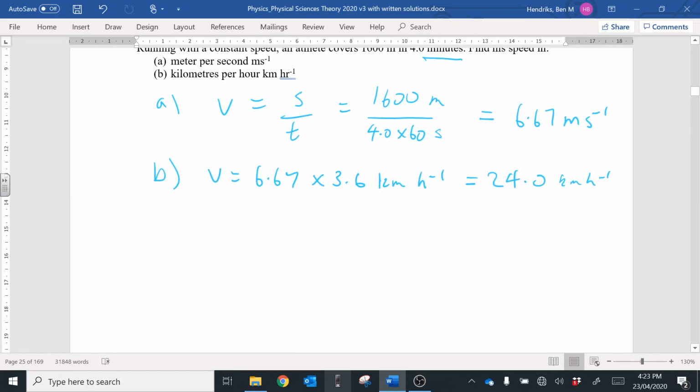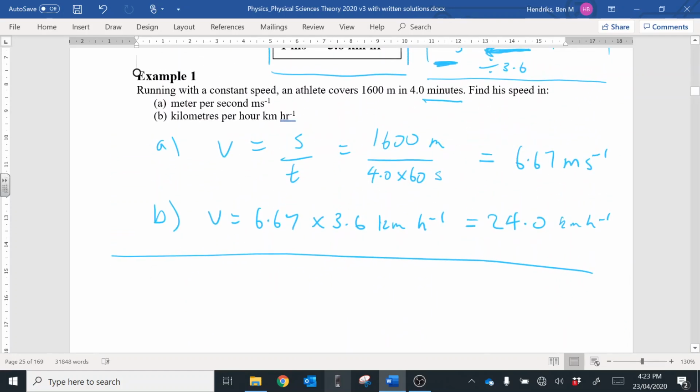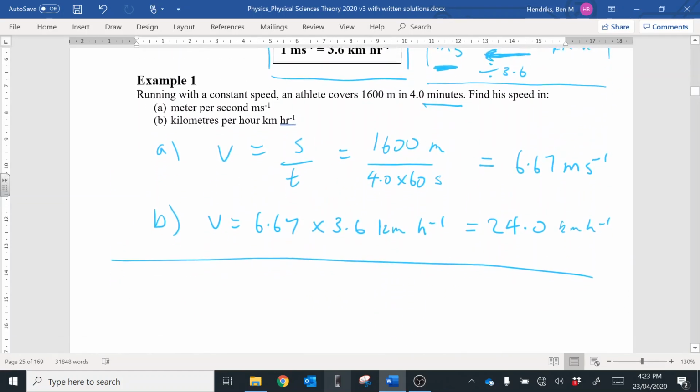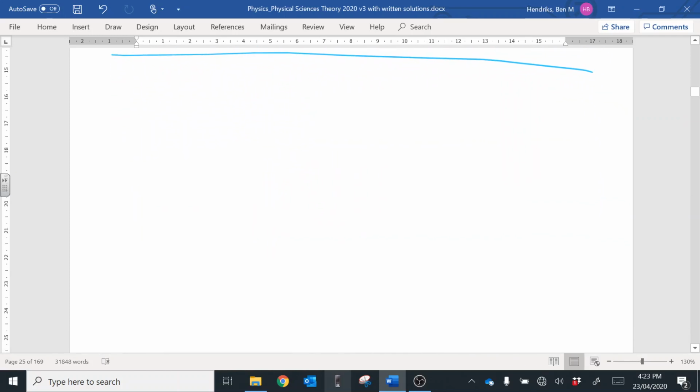Okay, so now we can just draw a line under that. I just want to go through now why it's 3.6, because I do get that question every now and again. Why is it actually 3.6? So I like to actually start with kilometers per hour. If we have 1 kilometer per hour, we can rewrite this as 1 kilometer over hour.